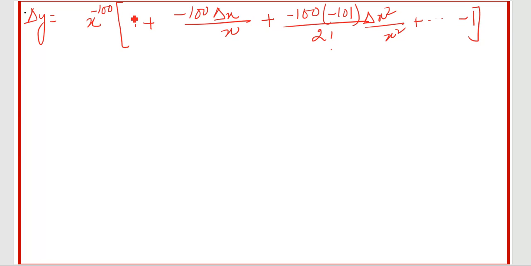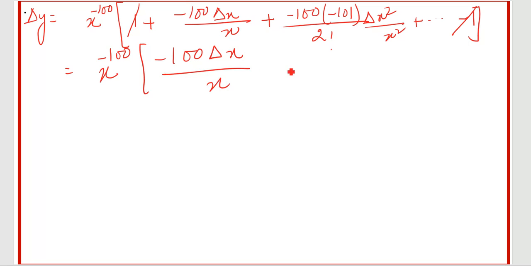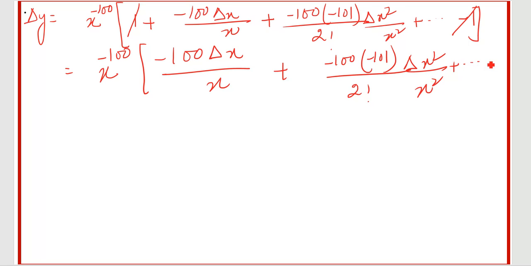Here we have minus 1, here we have positive 1, so these two will cancel each other. Whatever is left, we will write down here 100 delta x over x plus minus 100 minus 101 divided by 2 factorial. Here we have delta x square over x square and plus 1.